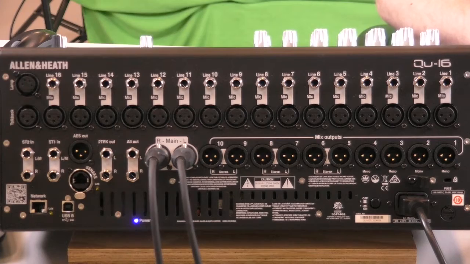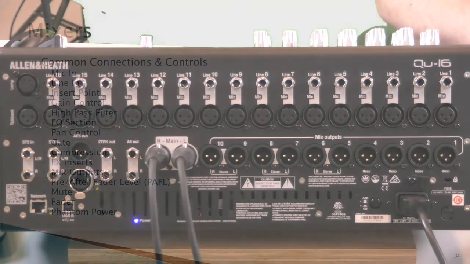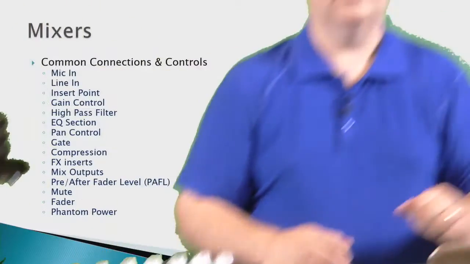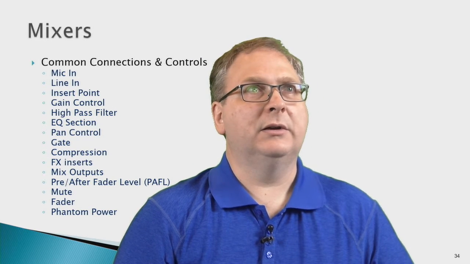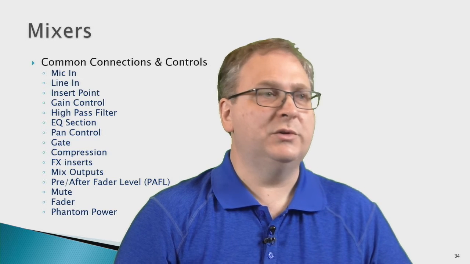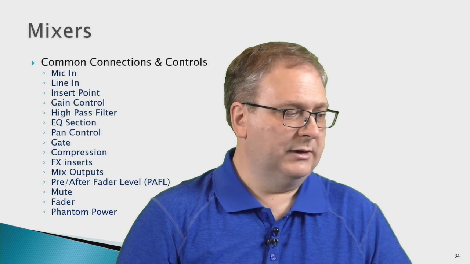So there are a number of connections which are available on the units, such as mic inputs, line inputs, insert points, gain controls as well, and high pass filters and EQ sections and pan controls and so on.